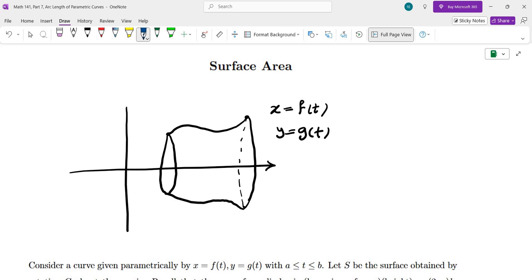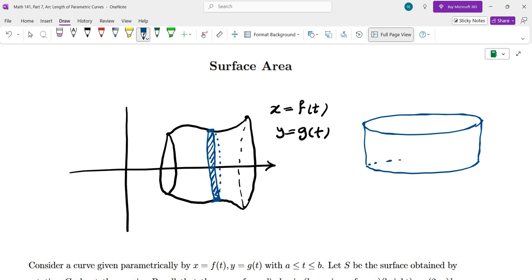What we do is we're going to approximate this with slivers of cylinders. Each of these cylinders is going to have some thickness and then some circumference. So first of all, let's see what's the surface area of a cylinder. Surface area of a cylinder, and this is the lateral surface area. So this area, not the top and bottom.